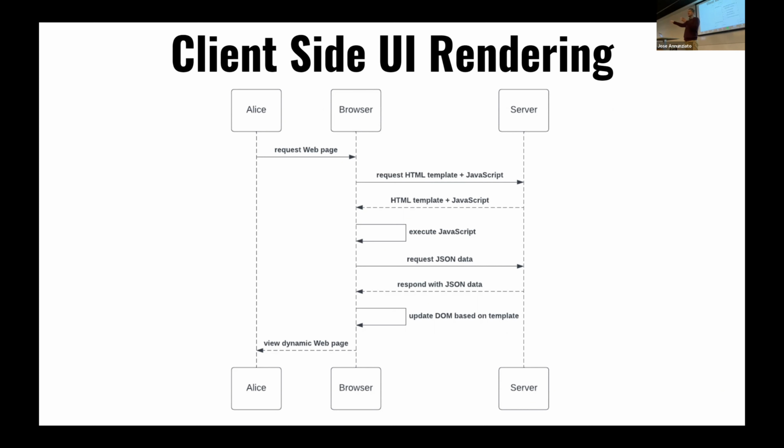So there's a lag between the time it starts rendering the template and having to go back to the server for data, download that data, and then dynamically render the screen. That might take a second, maybe two, where maybe you're spinning, because you're empty and waiting for the data to come back from the server.